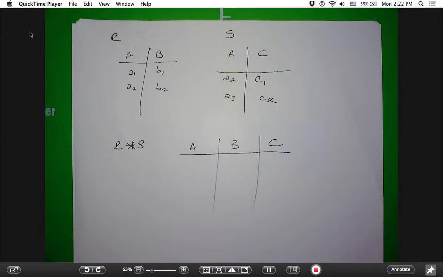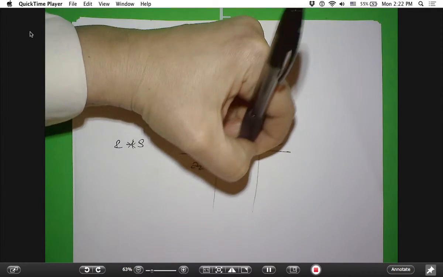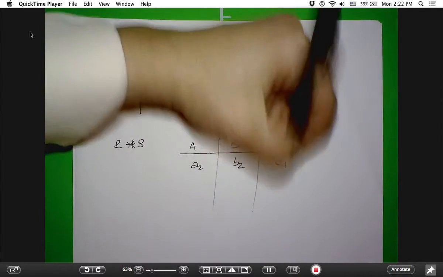The only thing that joins from R and S is A2, right? So I will have A2, B2, and C1.